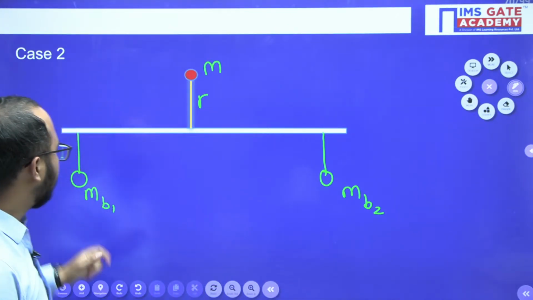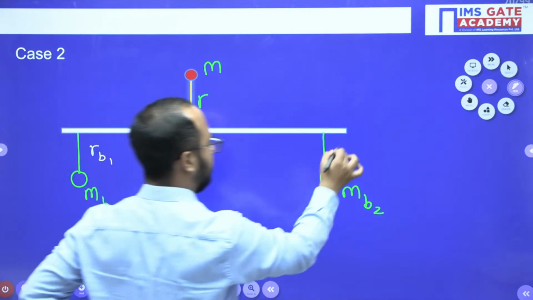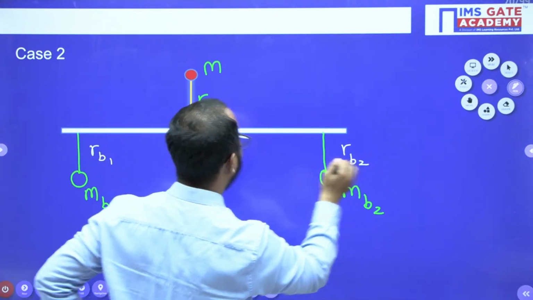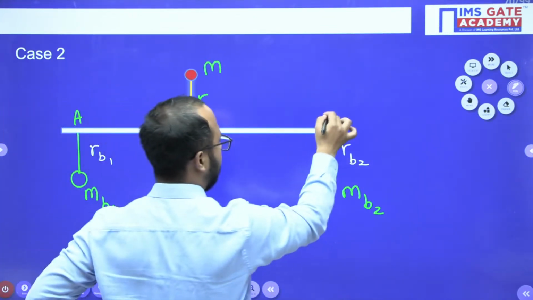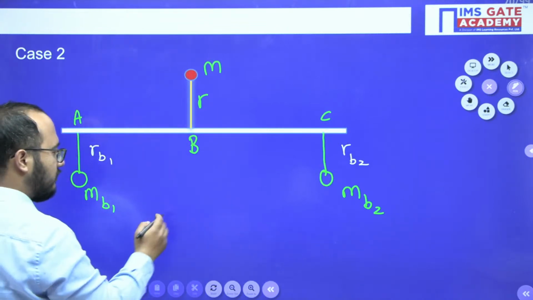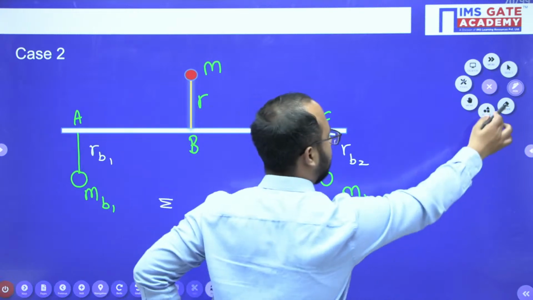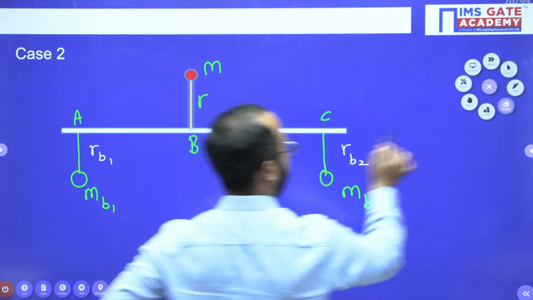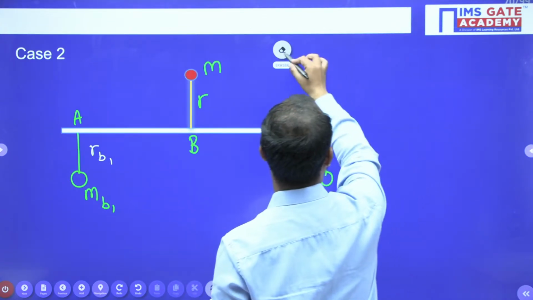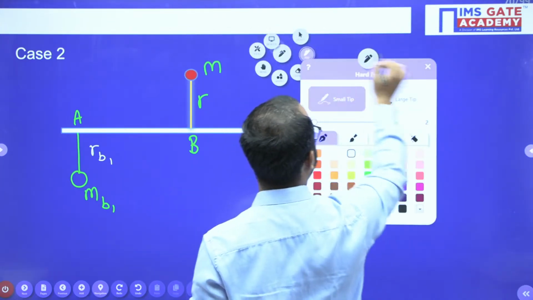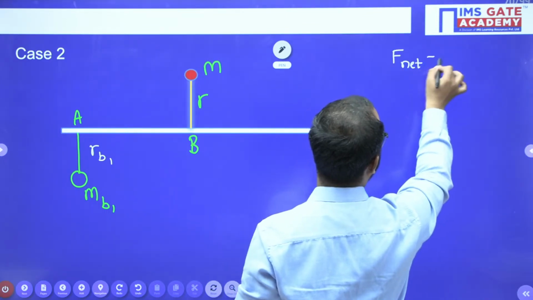Now this is RB1, this is RB2. Now considering these points as A, B and C. Now again the equation of motion is the same, summation of forces or the net force I can use. I will use the equation like this: net force equals 0.